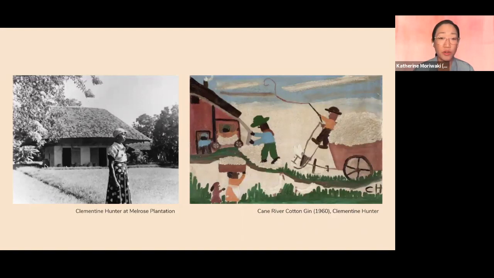A lot of her work actually depicts life on the plantation, right? Life on a plantation, and the kind of daily life that she would see and experience while essentially living life as a slave.